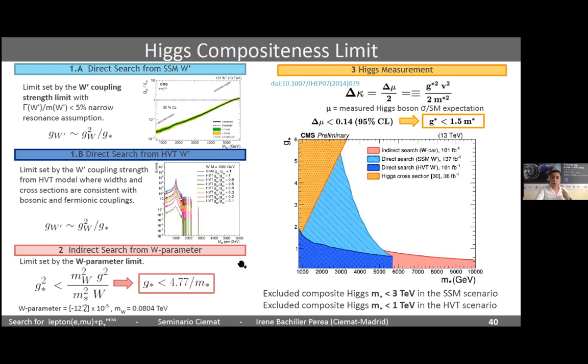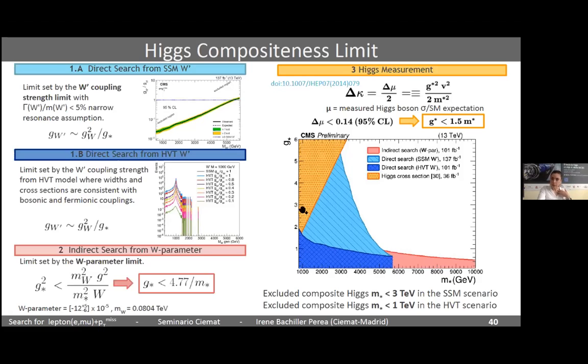Then the second way to constrain is using an indirect search from the W parameter. We said already that this W parameter allows us to find deviation in the tail, so it allows us to go further in square root of S. So from this relation and the result that I presented in the previous slide of the W parameter, we can go further in mass and constrain here the area in red.